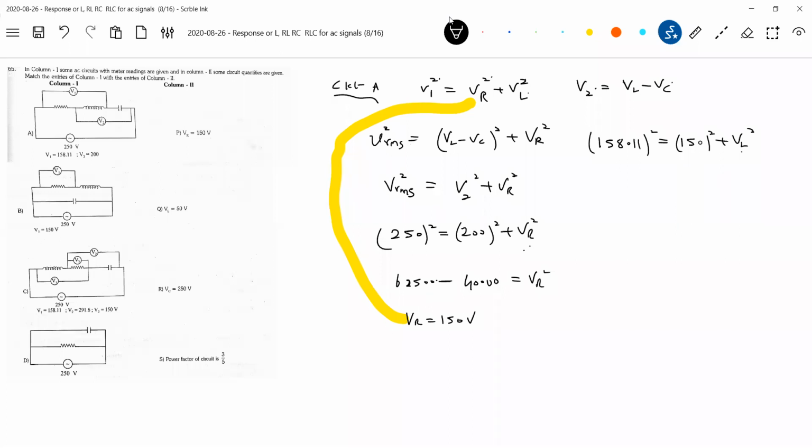So the vector sum of voltages is the core idea. 24998 minus 22500.